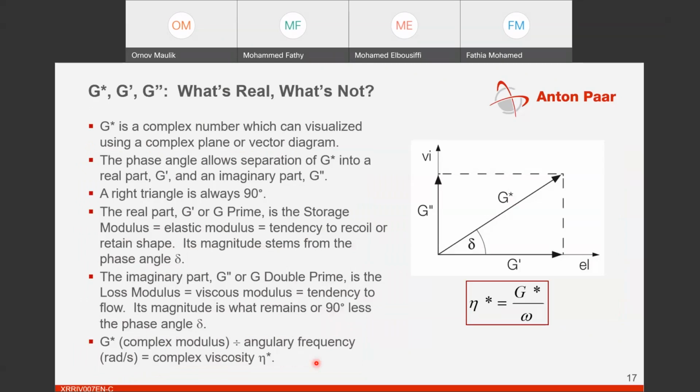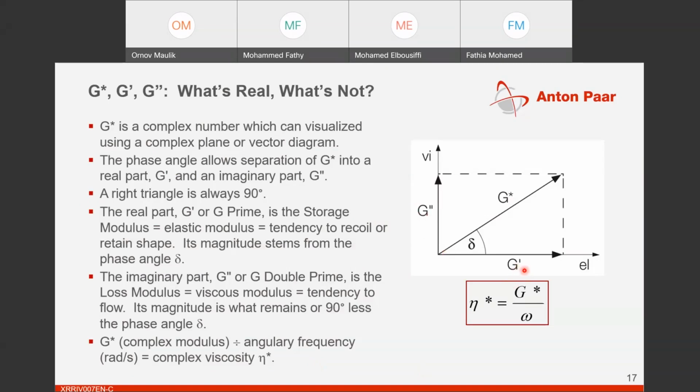Now this G star itself, when we talk about complex shear modulus, is a complex number and can be divided into two parts, which most of you would be dealing with when you are doing any sort of rheological study. These two parts are G prime and G double prime.